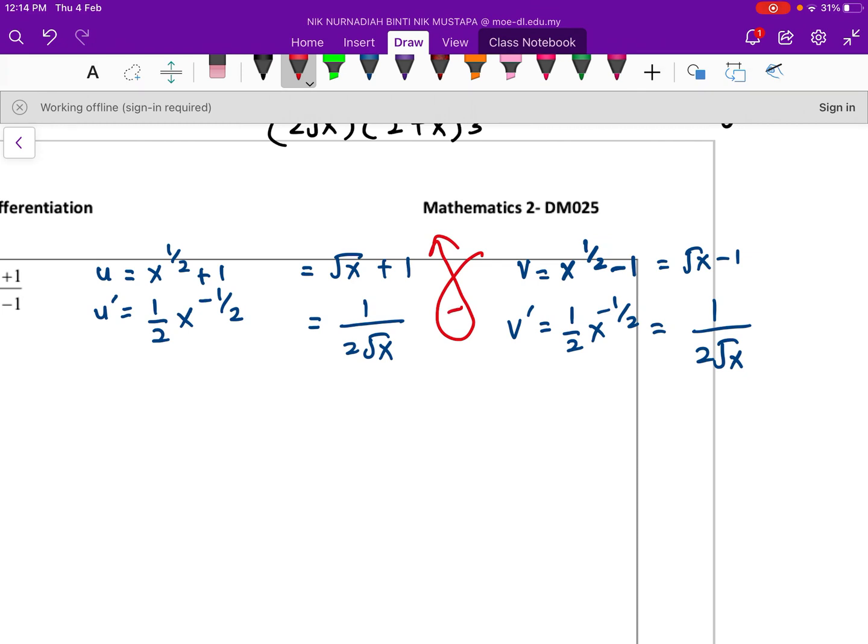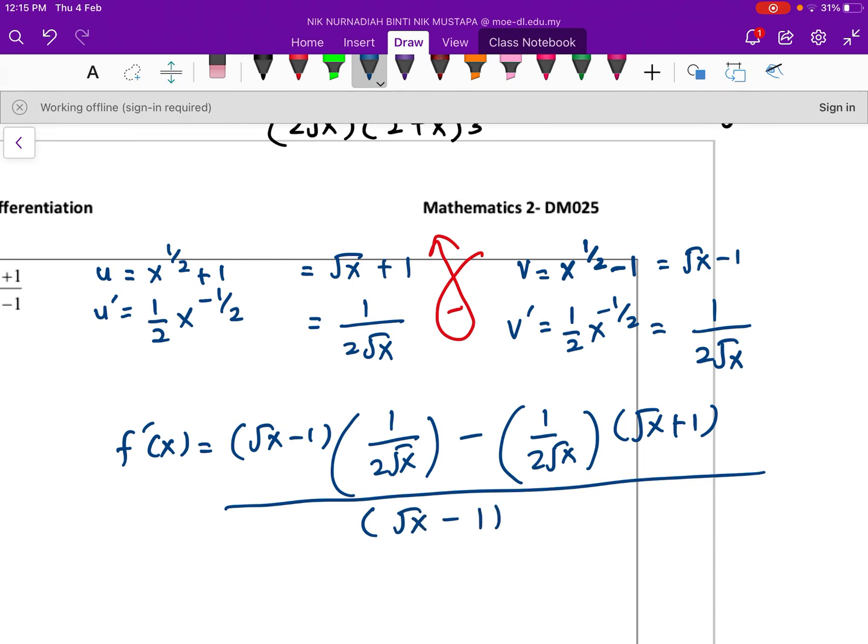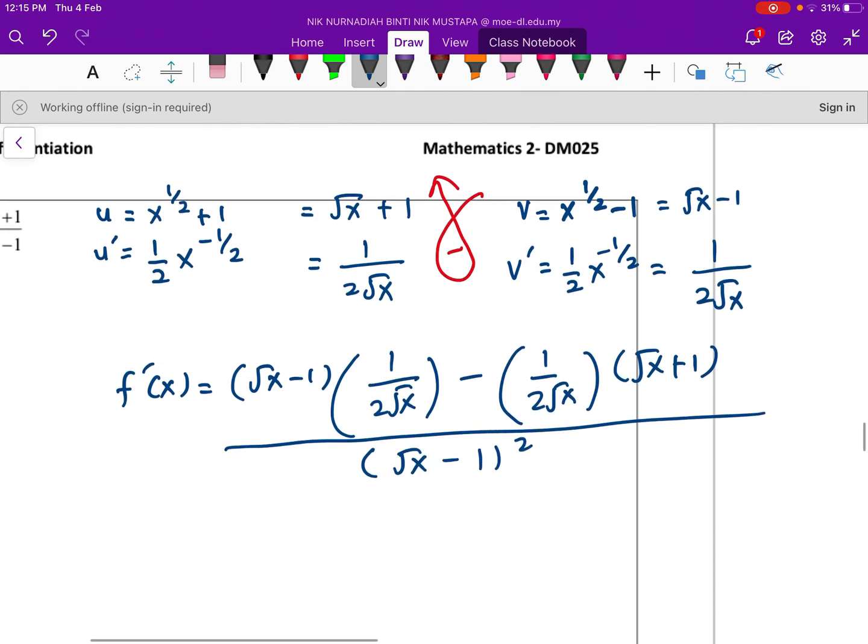Okay, gitulah jadi dia. So v u prime minus u v prime. Okay, insert everything to the formula. F prime x is equal to set x minus 1 multiply by 1 over 2 set x minus 1 over 2 set x and then set x plus 1 over v squared set x minus 1 squared.